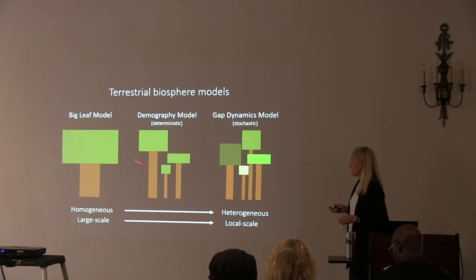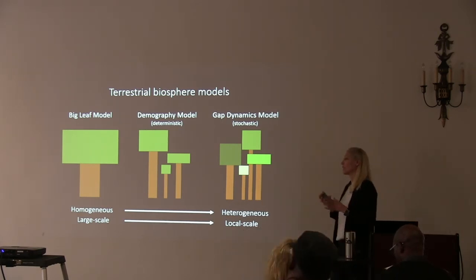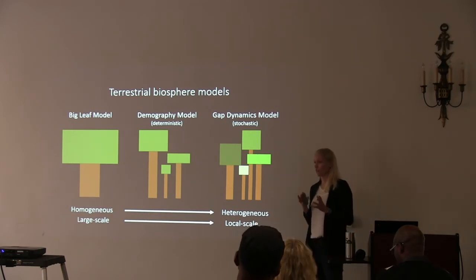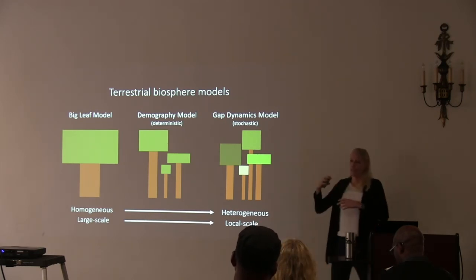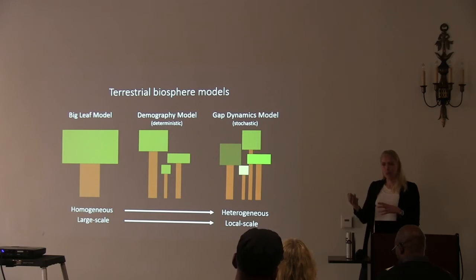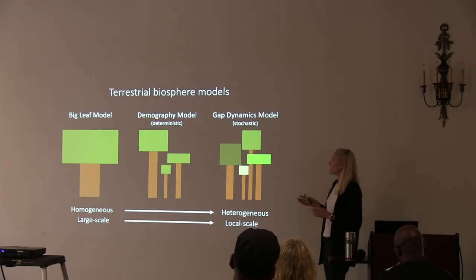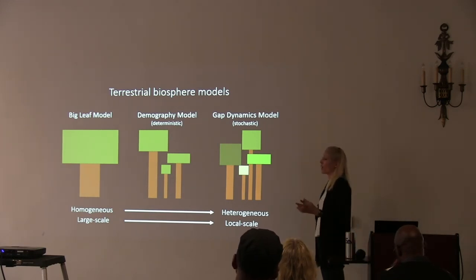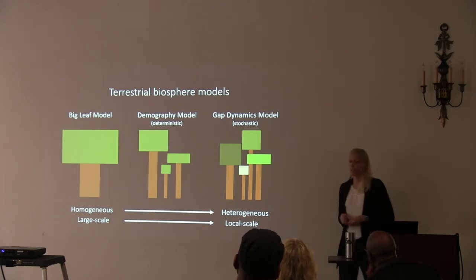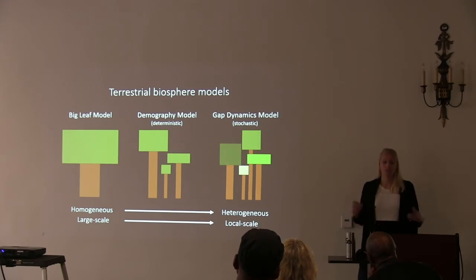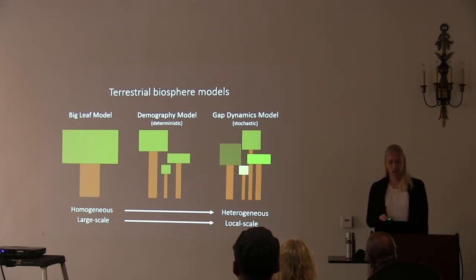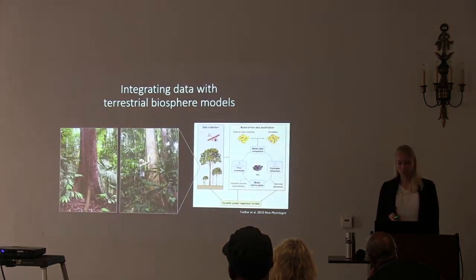These demography models sit in the middle in their ability to capture that horizontal and vertical heterogeneity, and then aggregate that information up through some pretty clever calculations in a way that allows them to be run at regional and potentially global spatial scales to ask questions about these ecosystems at large scales.